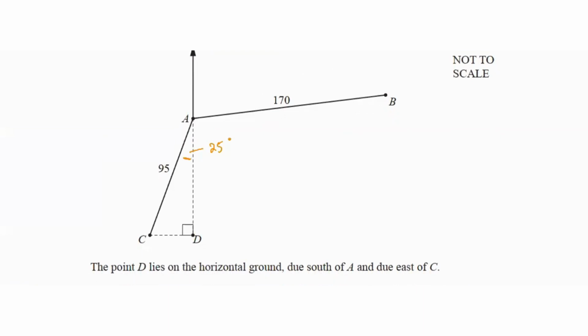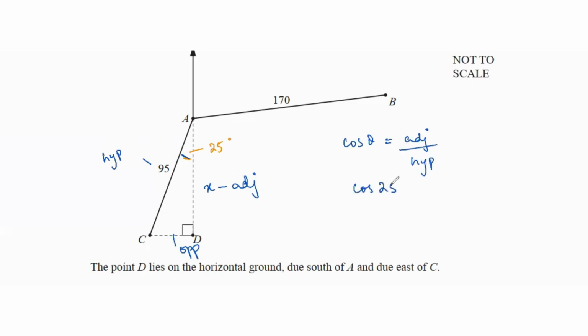So what I'm going to do is, this is the length that we're trying to find. We have this angle. This is a right angle, so this is our hypotenuse. This is our adjacent, because this is the line on which the angle lies, and this is our opposite. We have the hypotenuse, we have the angle, we have to find the adjacent. So we'll use cos theta, which is adjacent over hypotenuse.